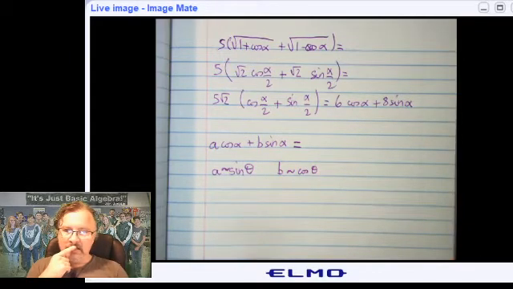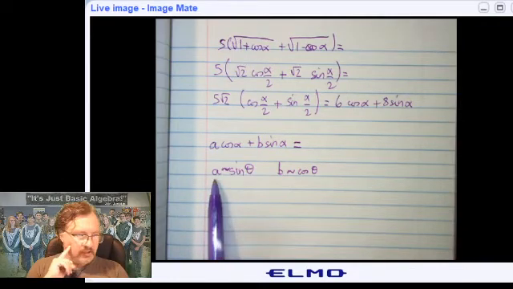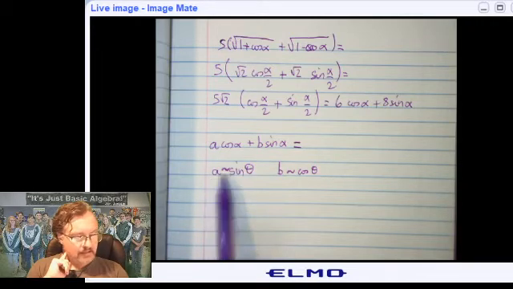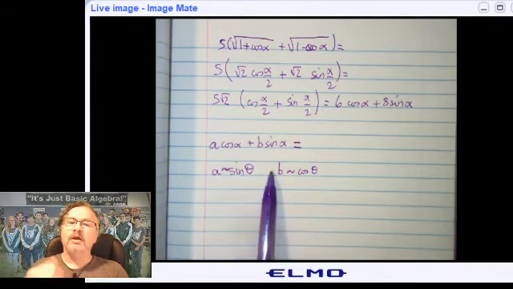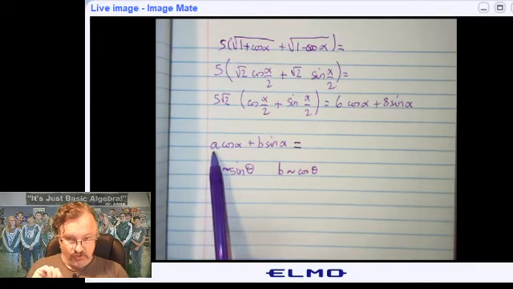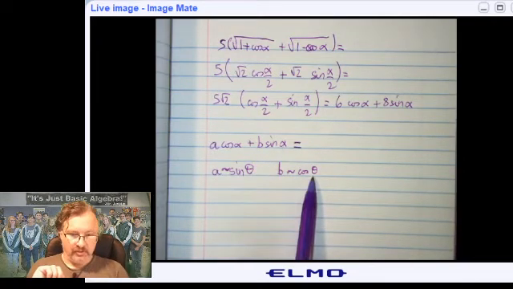Okay. Now, there is no guarantee that A is a number between 0 and 1. There is no guarantee that B is a number between 0 and 1. So I cannot directly say that this is equal to this is equal to this. Hence the word related. But let's pretend that I have related this coefficient to the sine of an angle and this coefficient to the cosine of an angle.